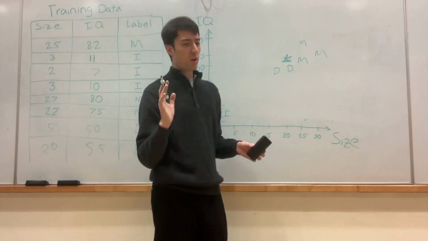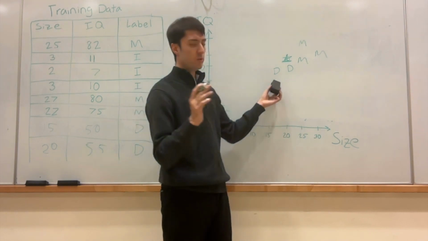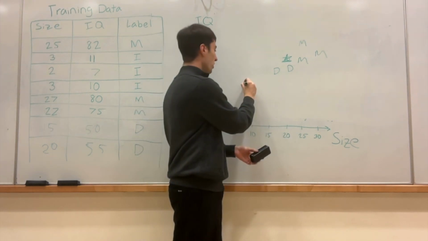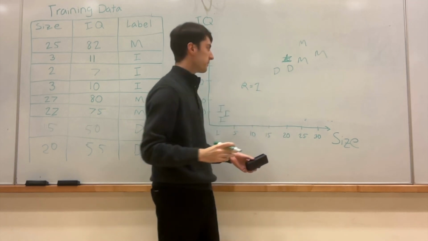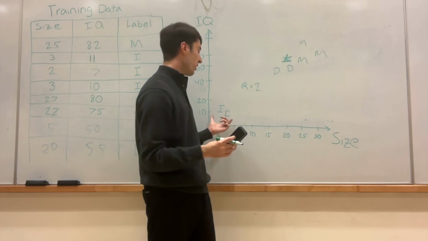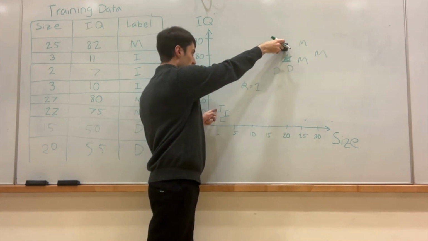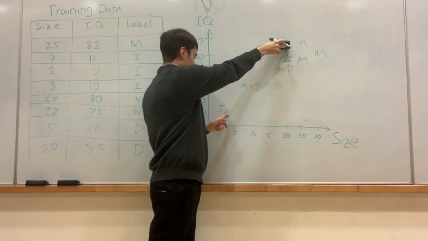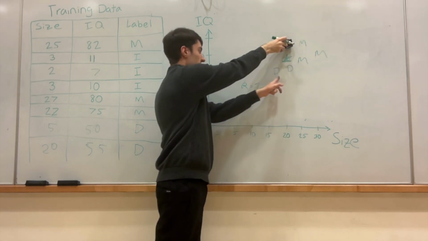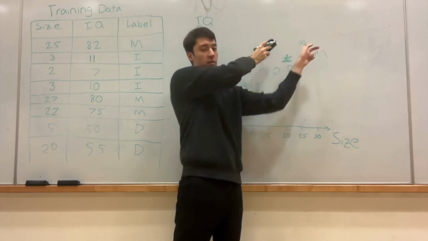Well, all you do is you choose a K, you say K equals 1, and then for this point, you look at all of the training data, and you find the distance between here and here, here and here, and so on, okay?